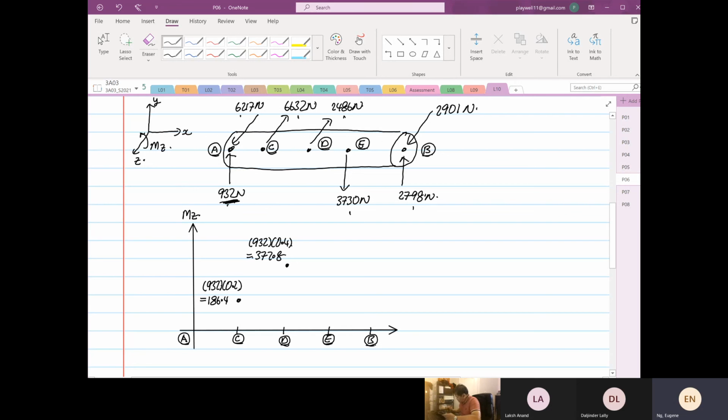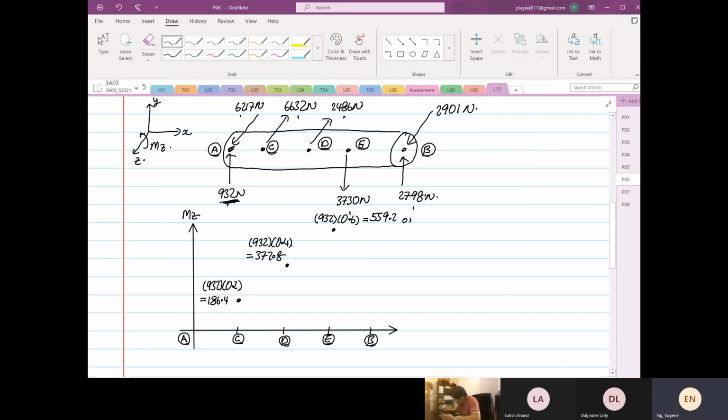Then at point E, you can still use 932 multiplied by 0.6, which is 559.2.